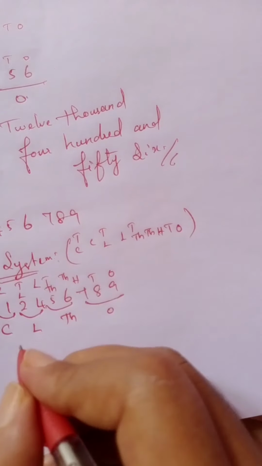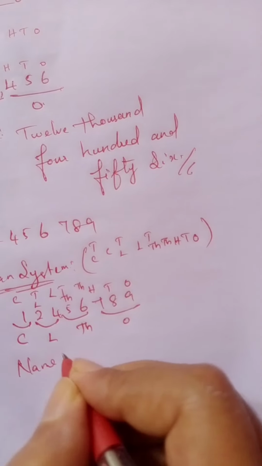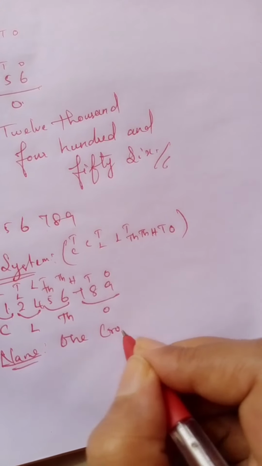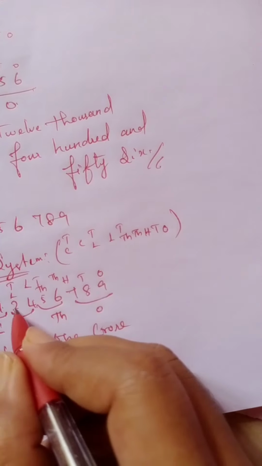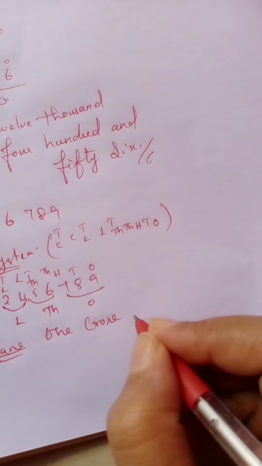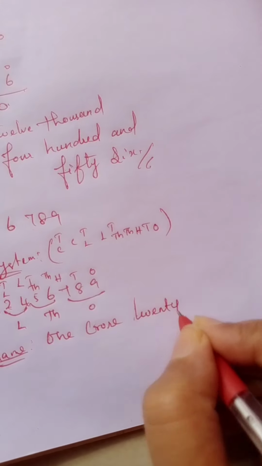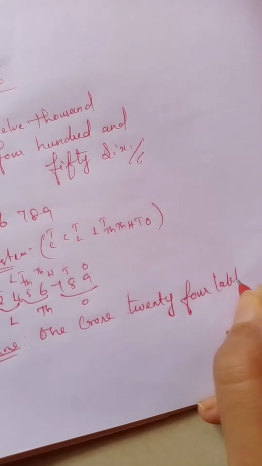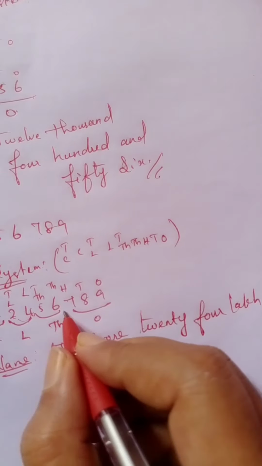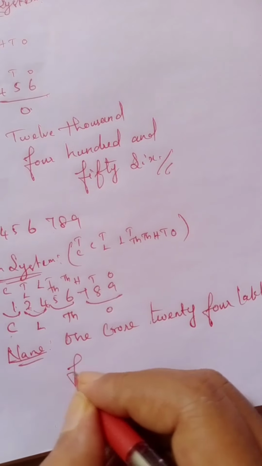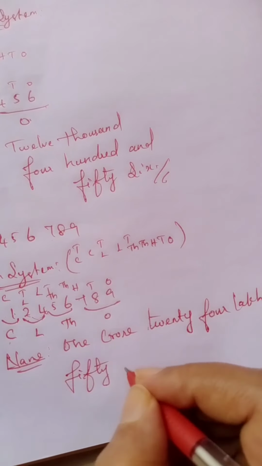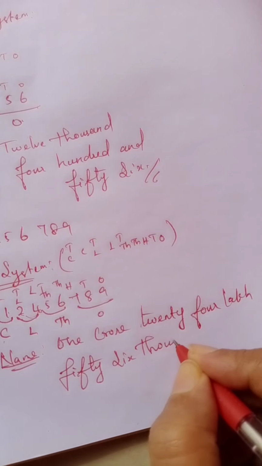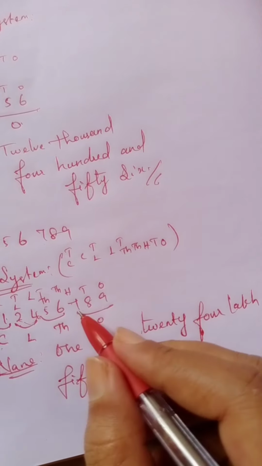Here 1 from the crore family, so 1 crore. Then 24 from the lakh family, so 24 lakh. 56 from the thousands family, so 56,000. 789 from the ones family, so 789. 1 crore, 24 lakh, 56,000, then 789.